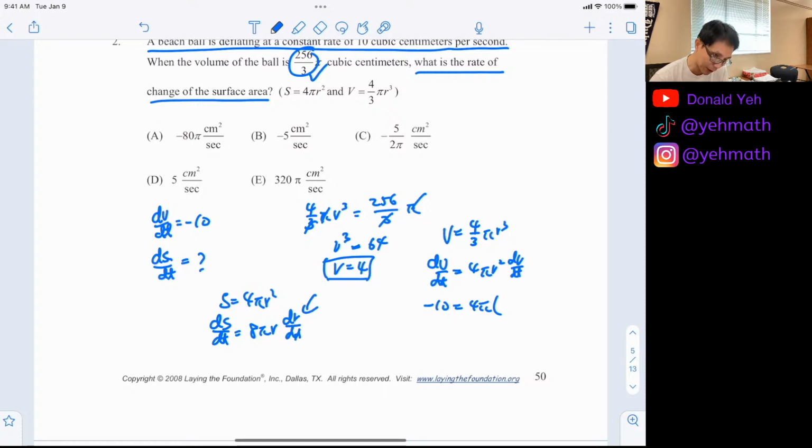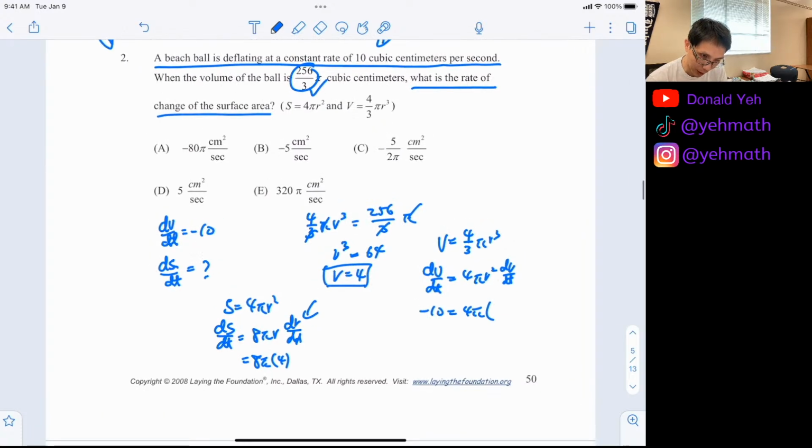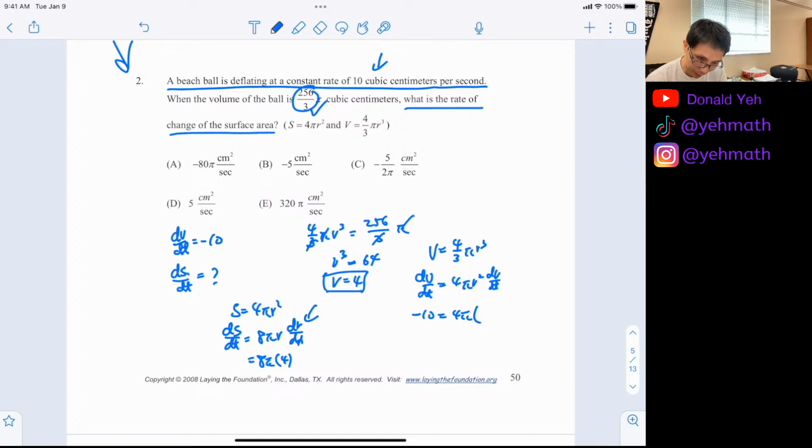That means I still need dr/dt. I have 8 pi, I have radius 4, but I don't have dr/dt. Once I get dr/dt, I'm good. And this is how you find dr/dt. r squared is 4 squared, right?